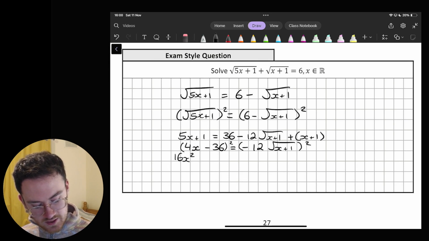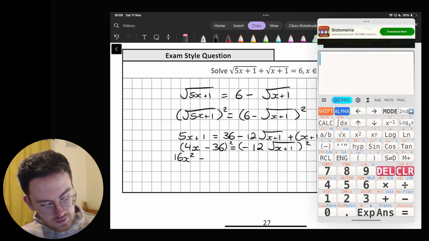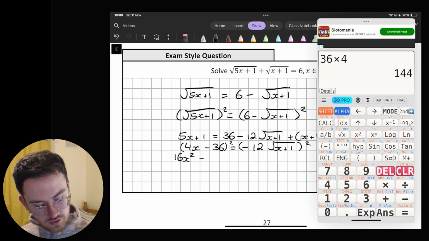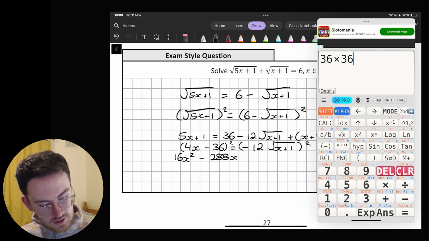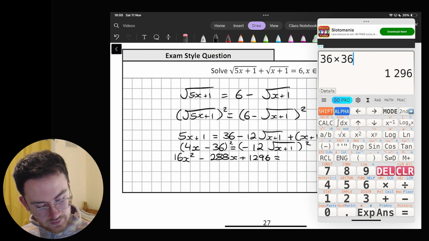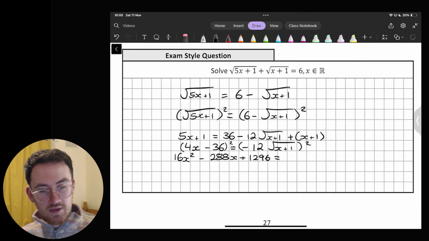16x² minus, let's see, 36 times 4 gives me 144. If I times that by 2, 288x, and then 36 times 36 gives me 1296. Squaring this part here, the minus 12 and minus 12 gives me 144 times x + 1.